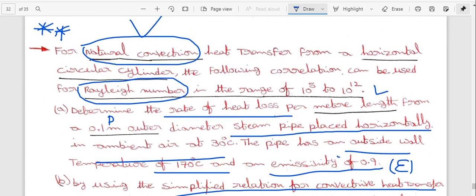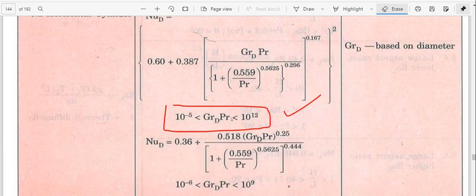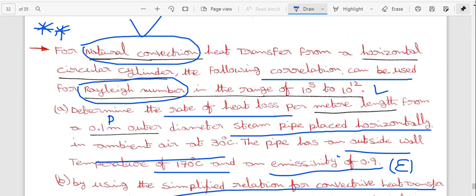In this question it is clearly mentioned that the following correlation can be used for the Rayleigh number in the range of 10 power 5 to 10 power 12. The Rayleigh number we can check on page 111. So here Gr Pr is in the range 10 power minus 5 to 10 power 12.